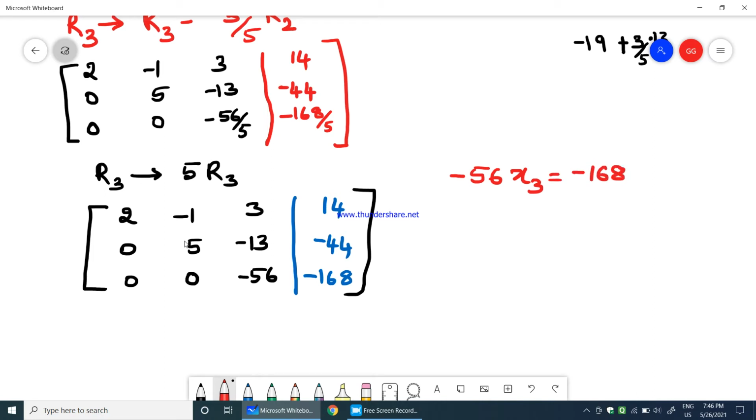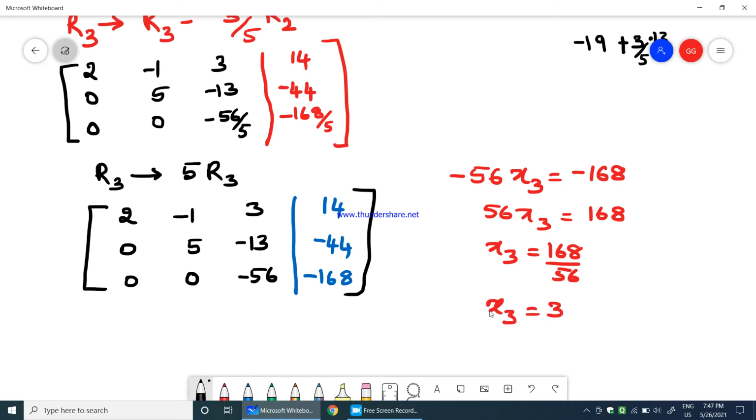Keep that in mind, because x1 and x2 are 0 here. Therefore, minus 56 times x3 equals minus 168. Therefore, 56 times x3 equals 168, so x3 equals 168 by 56. If you do that, you will get x3 equal to 3. So this is one solution, which is x3.